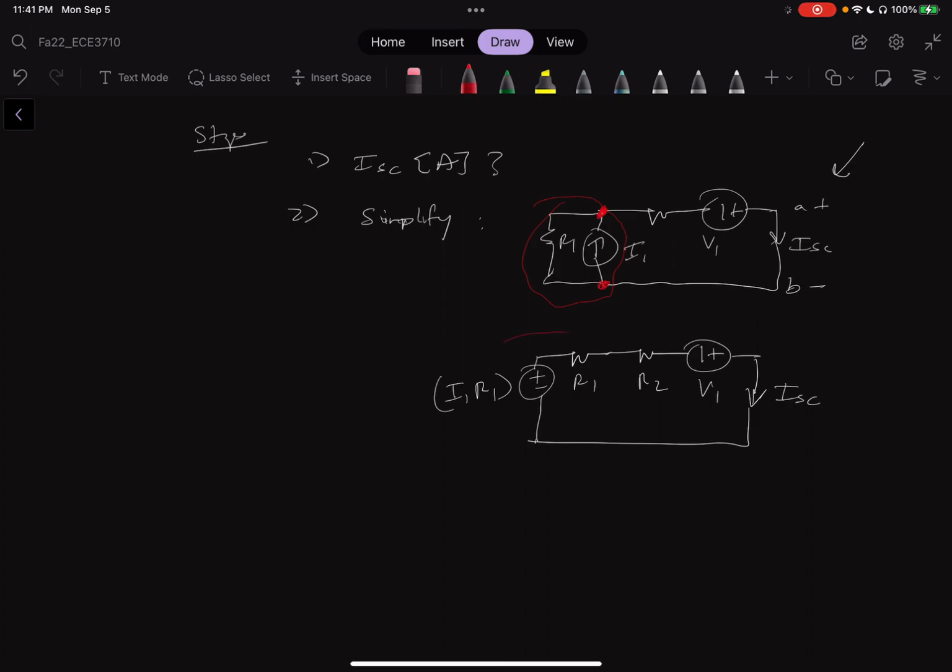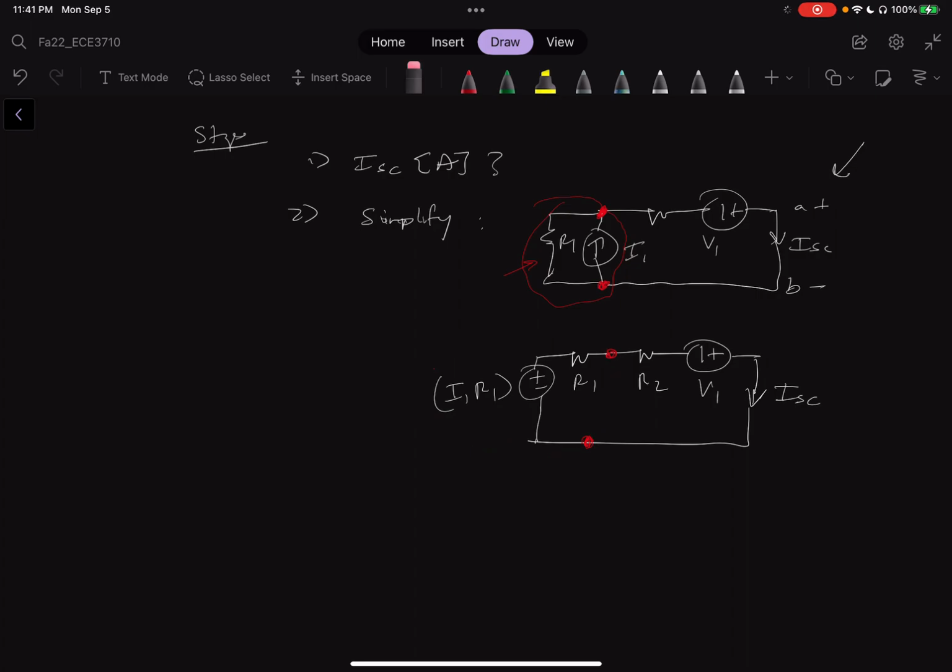Again, I was looking at this region between here and here. I didn't mess anything up on the non-circled red region. Within the circled red region, I have substituted or source transformed this Norton equivalent circuit with this Thevenin equivalent circuit. That is what I have done.